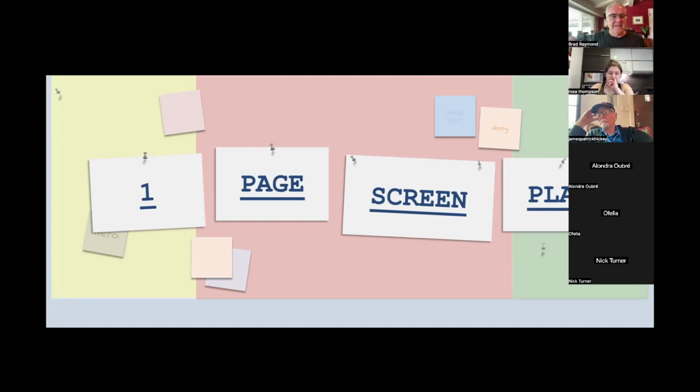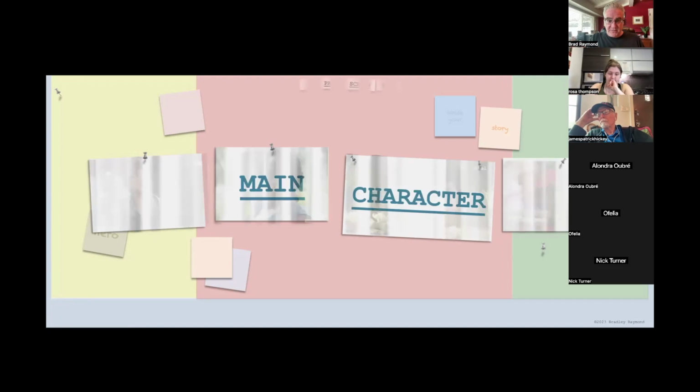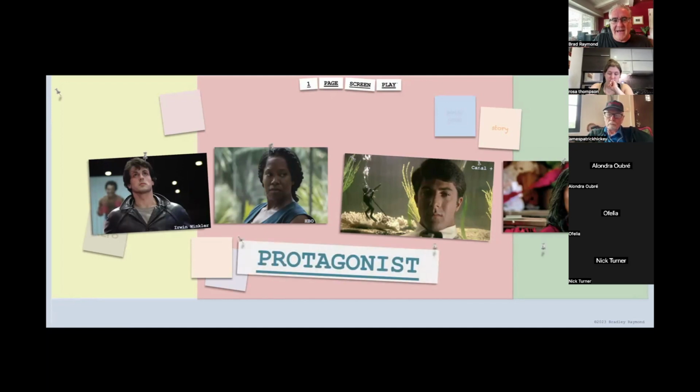So for basically every main character, there are three types. For Rocky, for Angela from the Watchmen series, Ben from The Graduate, and Evelyn from Everything Everywhere All at Once, all four of these characters are protagonists, the ones that most people always hear about. They are flawed.